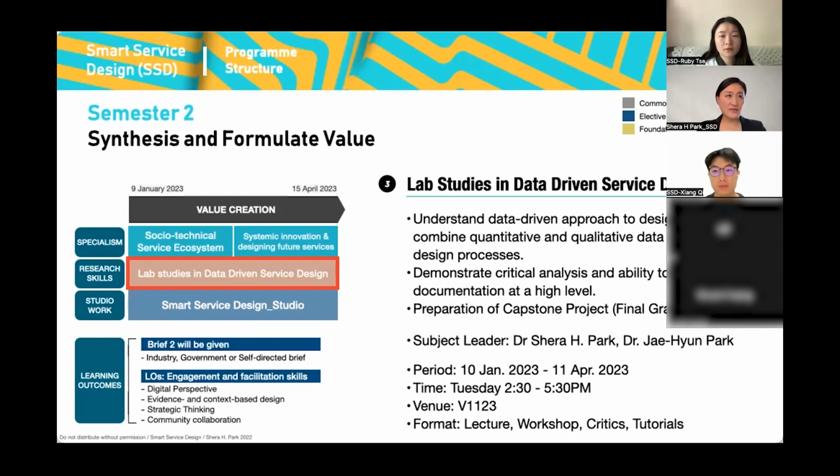So it's very much a seminar and tutorial based subject. And then a lot of things based on the data. So purely data and how you can use the data to come up with your service insight and service solutions. So very much a flexible kind of subject you have.